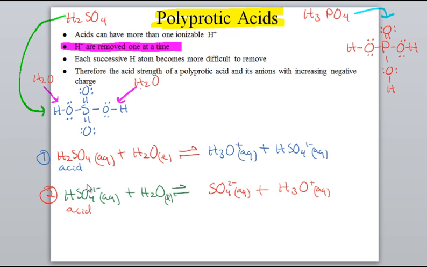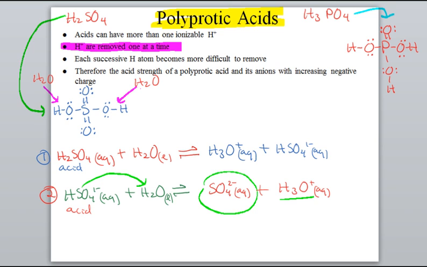When the second collision happens, another OH bond is broken when it collides with water. HSO4 1 negative loses a hydrogen cation with a 1 plus charge, becomes sulfate 2 negative, and we form a second hydronium ion. Usually when we show sulfuric acid reacting with water, we show the net reaction.